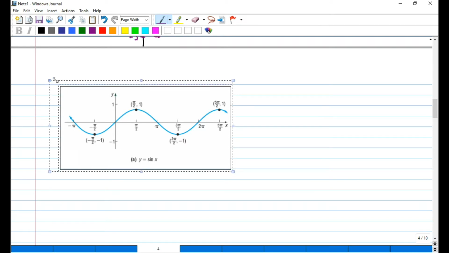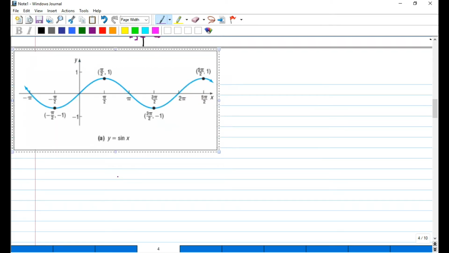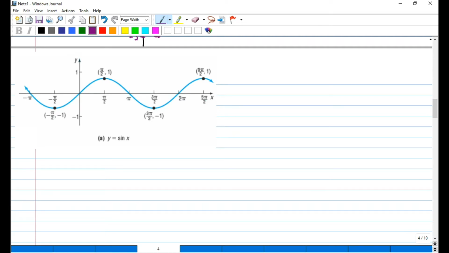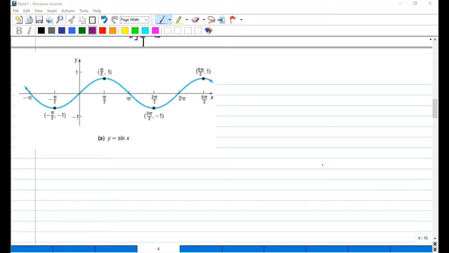So here's the graph y equals sine of x. Alright, and here is the graph of y equals 3 sine of x. Well, no, that's not what I wanted. 3 sine of x would just be taller.